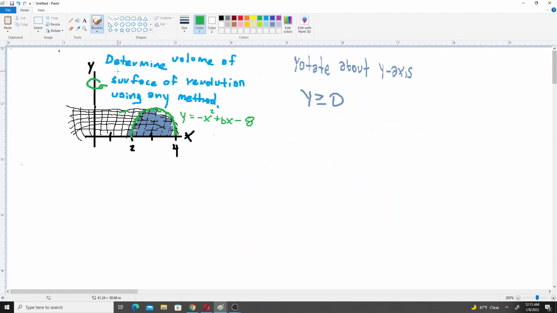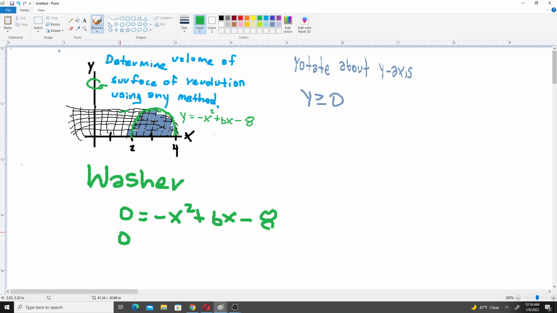The first thing we need to find to solve this problem is the intercepts. So we already said that this is going to be the ring method or washer method. So we know we'll use washer. And then to find the intercepts, set it equal to 0: negative x squared plus 6x minus 8.